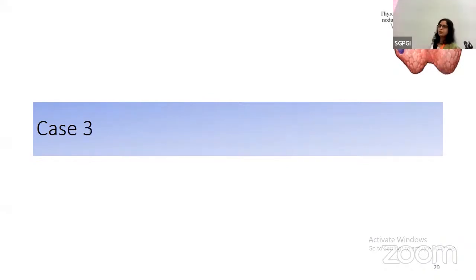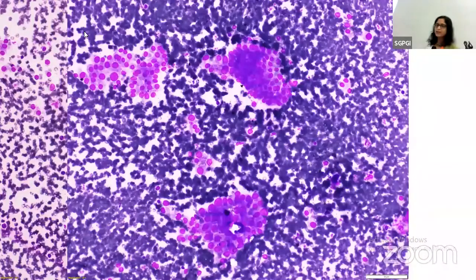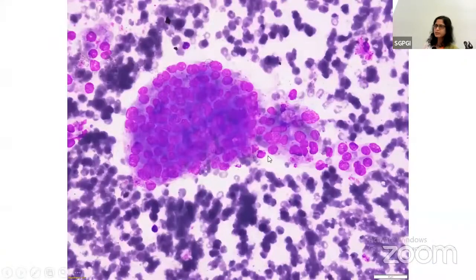Case 3. Very cellular aspirate, again a thyroid nodule, no specific clinical history. Very cellular aspirate, no colloid. We have these focal areas of microfollicles, and there are these tight papilloid fragments. Another fragment with some nuclear atypia, although there you can see some platelet clumps also. There is some nuclear enlargement, a partial groove.